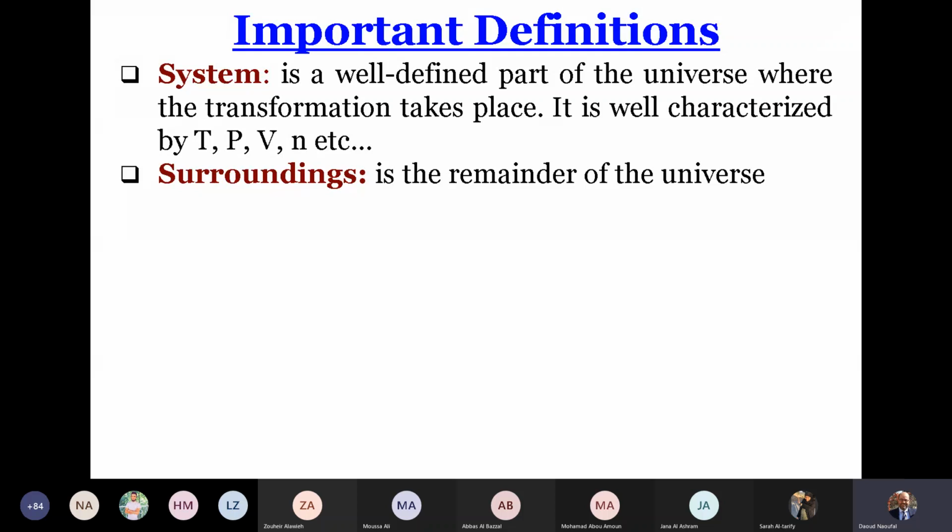The classroom minus this student is the surrounding. So if the student is the system, all other students around are the surrounding. System and surrounding constitute what we call the universe.